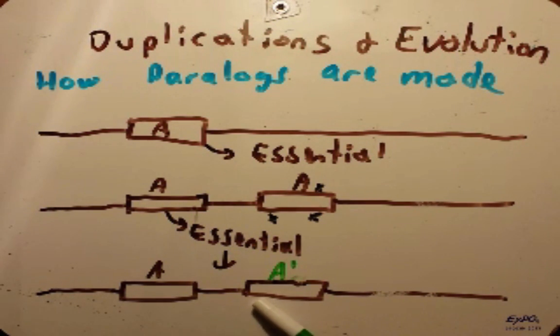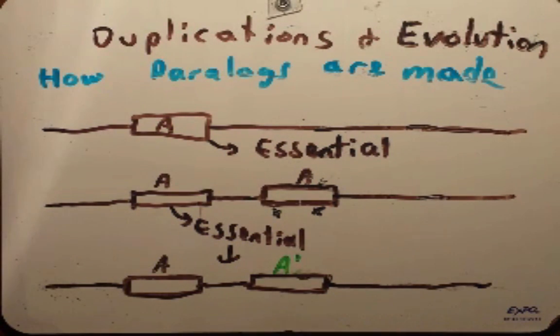It's going to have just enough sequence changed that it can perhaps serve many of the same functions that A did, but maybe a little better, or in a different way, different enough to give this organism some sort of competitive advantage over others in the population. This selective advantage will allow this new gene to persist in the population and be passed on to the next generation.